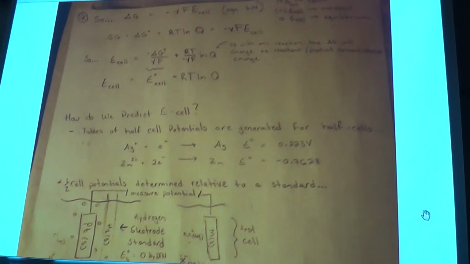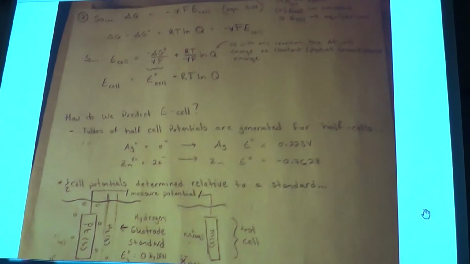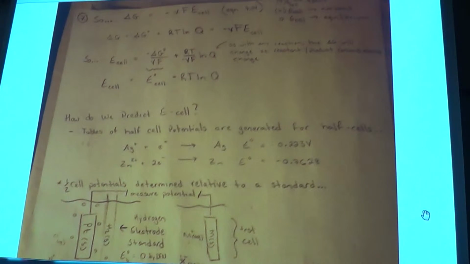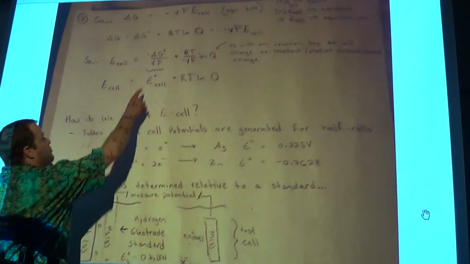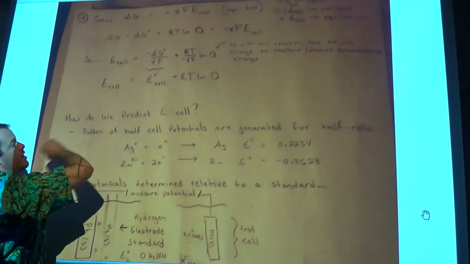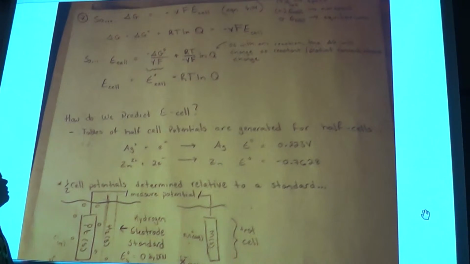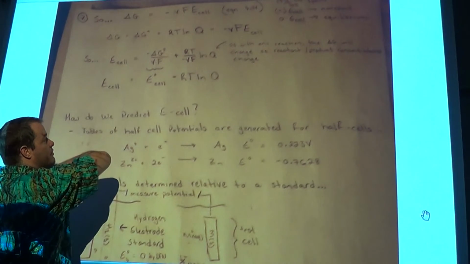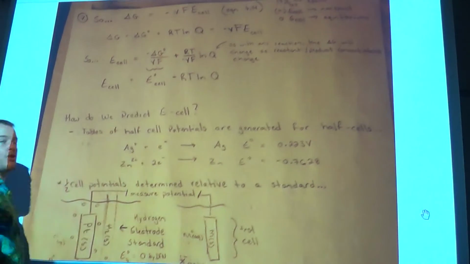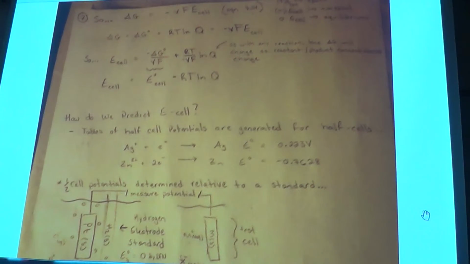The E cell is negative delta G naught over VF plus RT over VF natural log of Q. And we just define negative delta G naught over VF as E naught of the cell. And so now we have this equation that says that the E of the cell is E naught of the cell minus RT ln Q. That's known as the Nernst equation. It just comes from setting the delta G equal to negative VFE and applying our delta G manipulations.